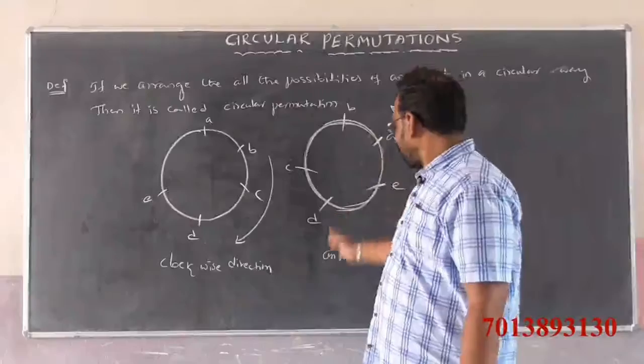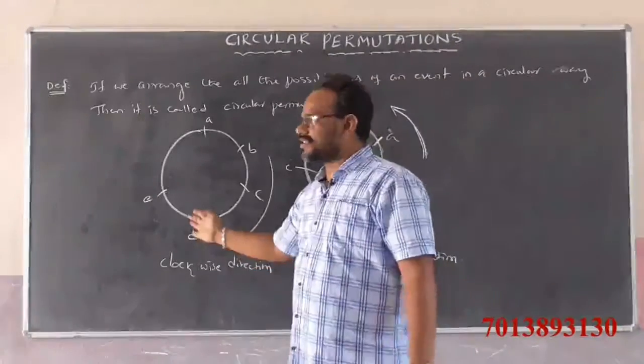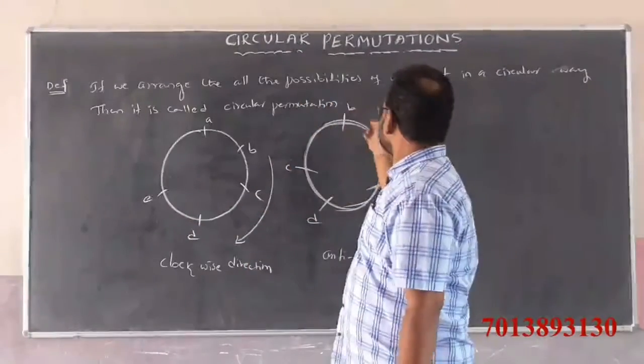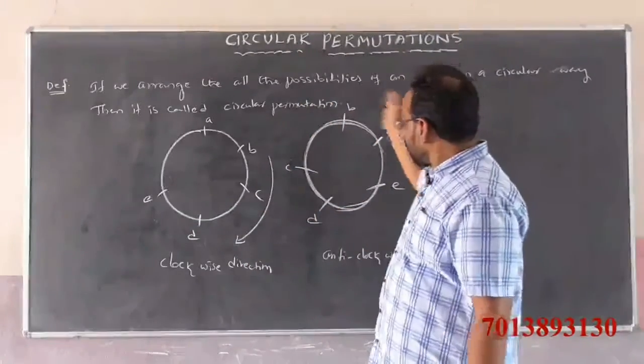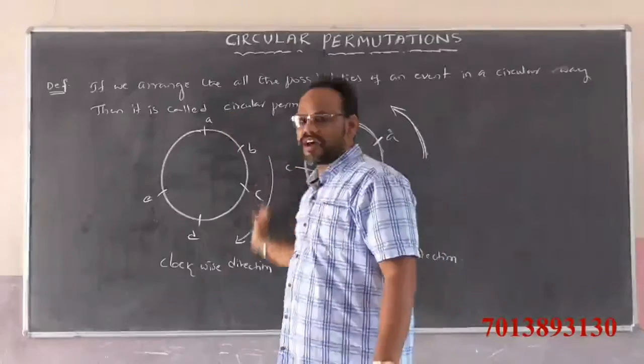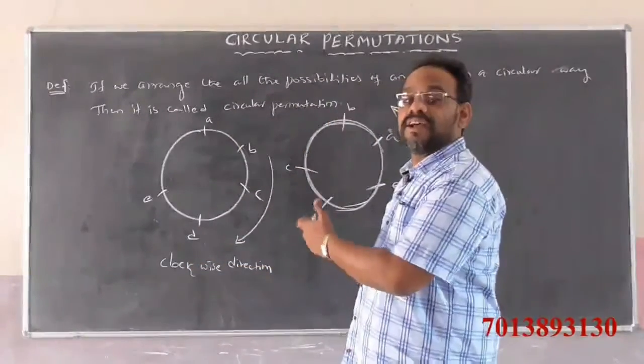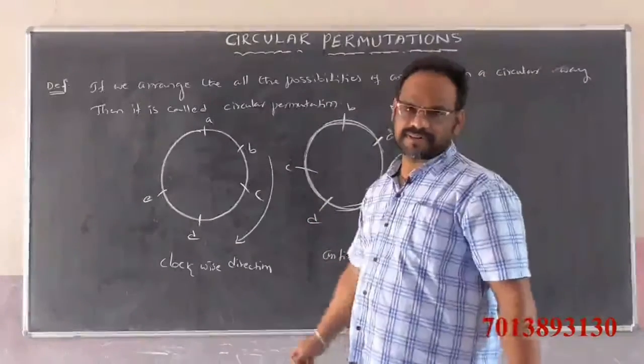This is anti-clockwise direction, this is clockwise direction. If you take A, B, C, D, E, these are considered as two circular permutations.